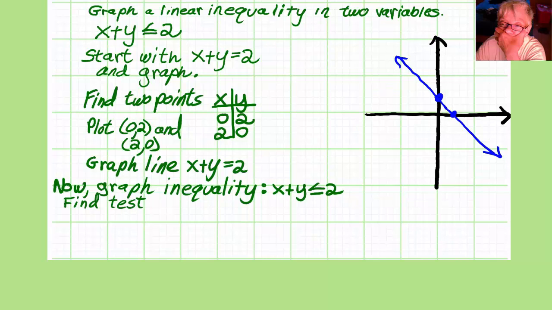We're going to choose a test point, and a test point can be any point on the Cartesian plane except points on the line. In this case, the easiest point to find is the point 0, 0.